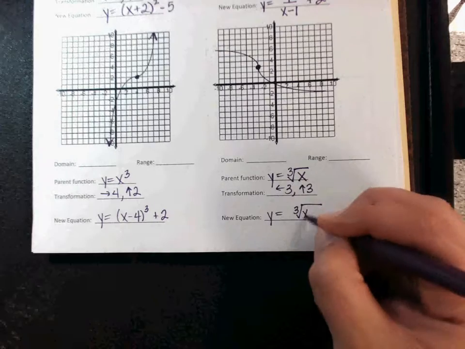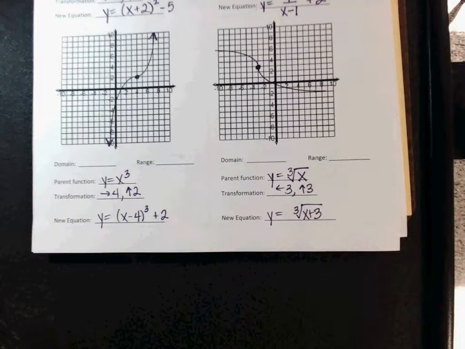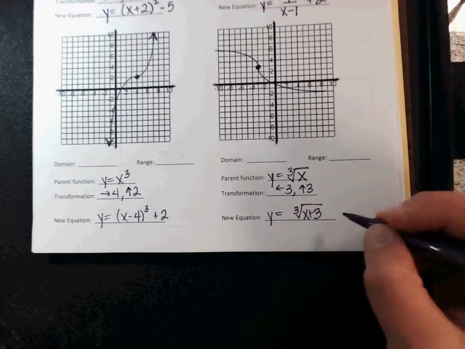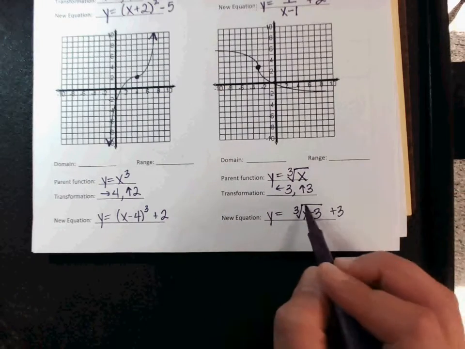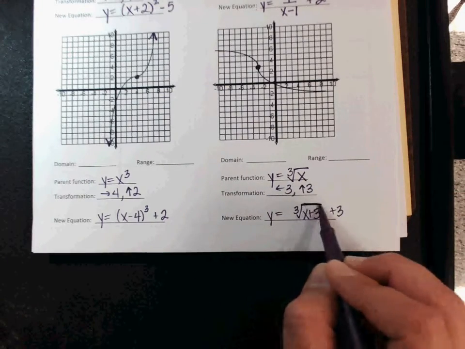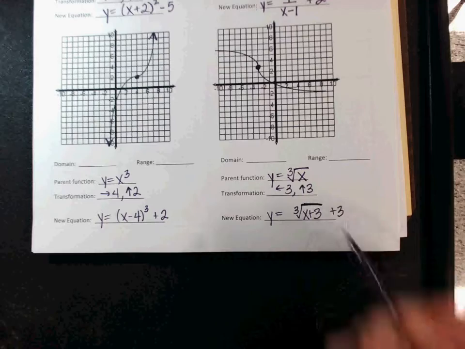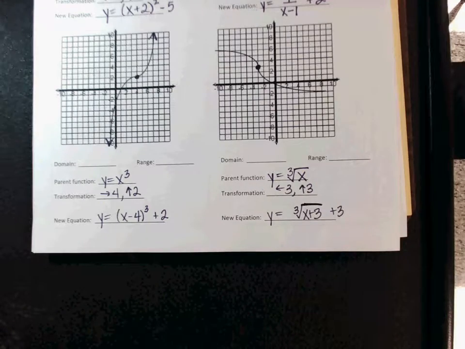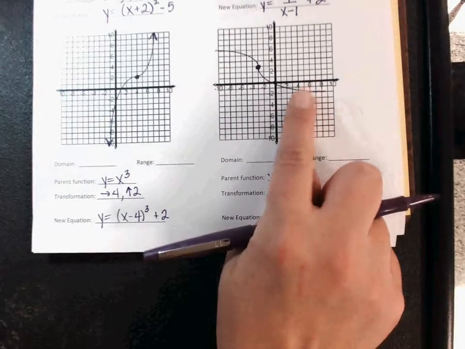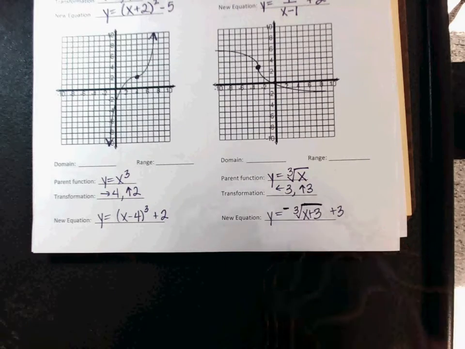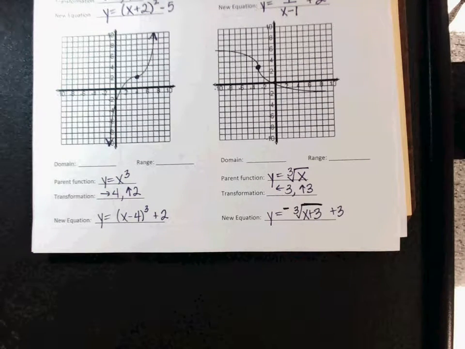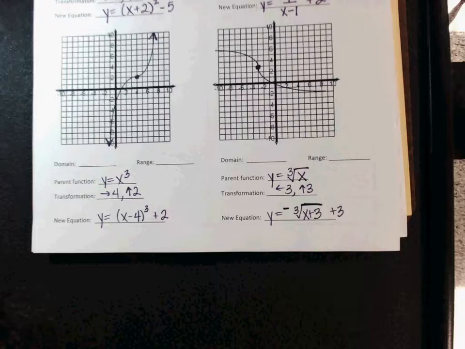X plus 3. Okay, then the up 3, I would put another plus 3. The first one should be under the house with your x. The second one should be off to the back. Are we done? No, what's wrong? It's downhill. I have to put a negative right there in the front. Make sense? Yes.